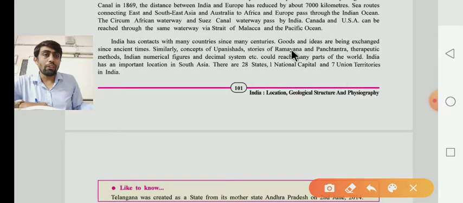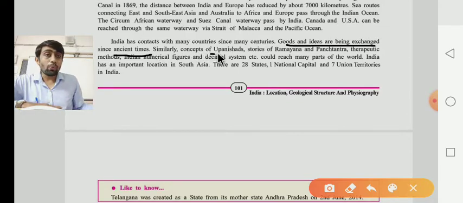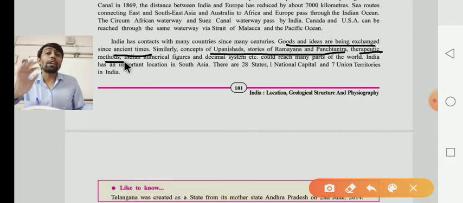You know very well that there was huge demand for Indian commodities, cotton clothes, silk, muslin, in the European market in ancient times. Similarly, the concepts of the Upanishads, stories of the Ramayana, Panchatantra, and therapeutic knowledge, the medical facilities of India, were also exchanged.